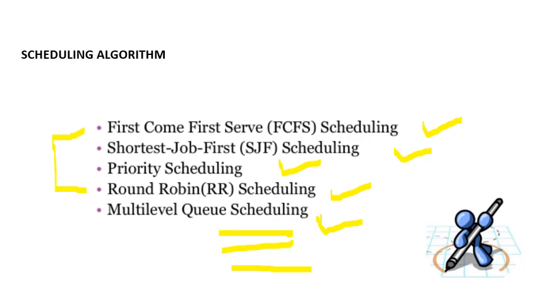Suppose FCFS can be used here, for the second queue the SJF algorithm can be used, and for the third queue round robin can be used, or FCFS can be repeated again. So this is multi-level queues. I hope you all understood. As the name itself indicates, multi-level queues means different scheduling algorithms can be used on each queue level.